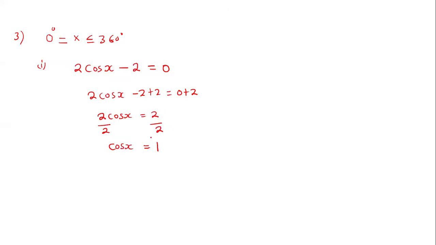Now, like I've said, know the quadrants. So what are going to be my quadrants? Members, which quadrants are we going to place our cos? That's the first thing. Where are you placing your cos? Which quadrants? 1 and 4.